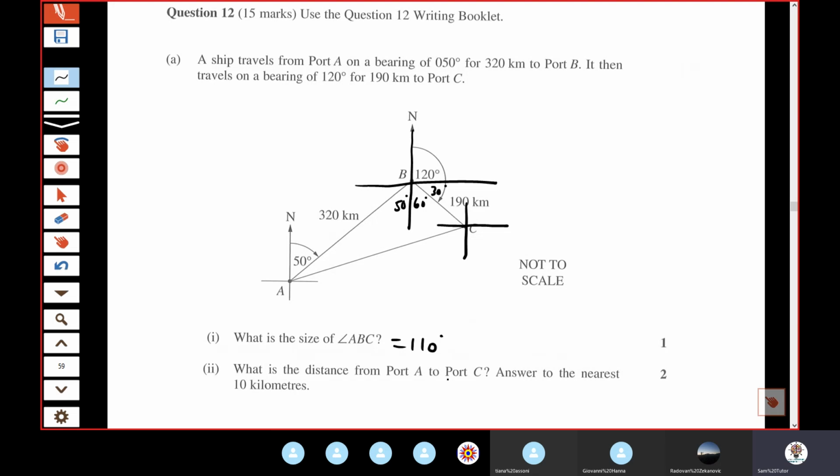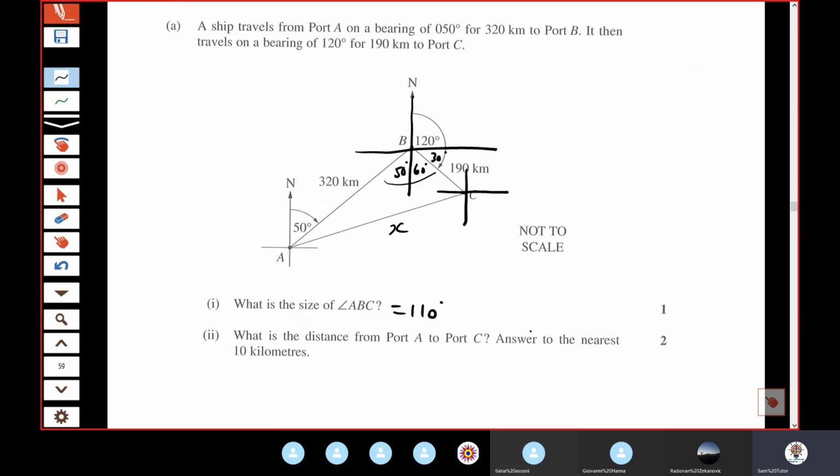What is the distance from port A to port C? What is that distance, x? Well, that's going to be what rule? That's going to be cosine rule. And the part where students usually lose the mark is the nearest 10 kilometers.